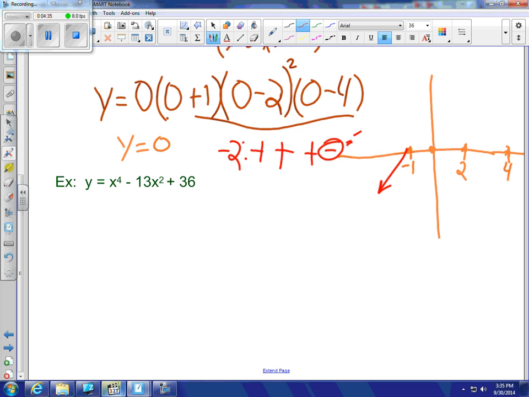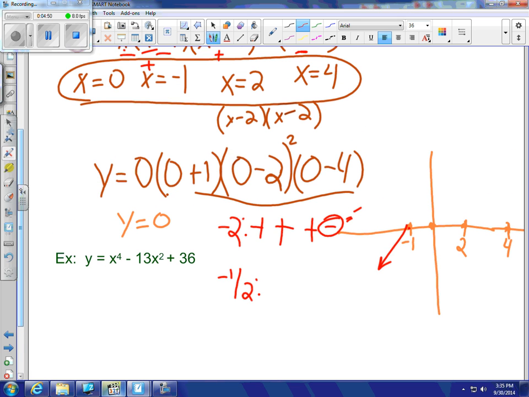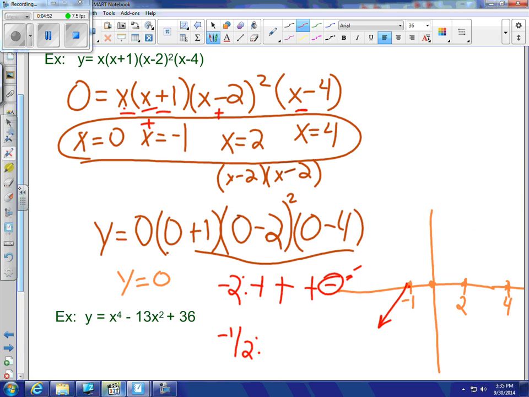Now, we got to pick a number that's in between -1 and 0. So let's pick, I don't know, -1/2. So you plug that back into your equation. So when you do that, you get negative... one second.